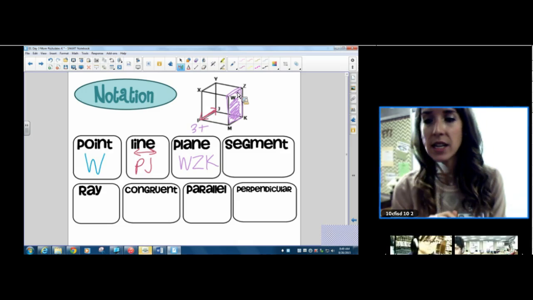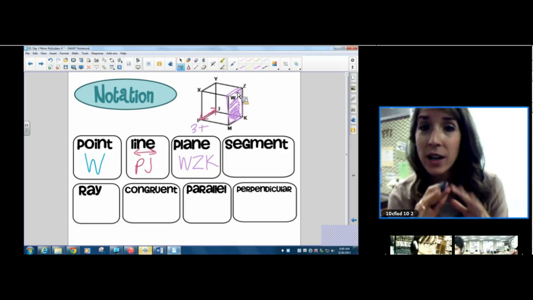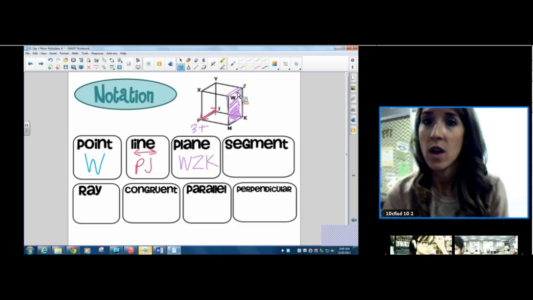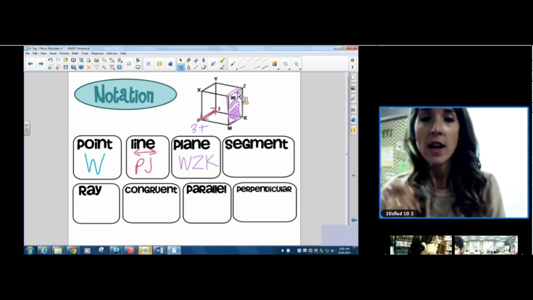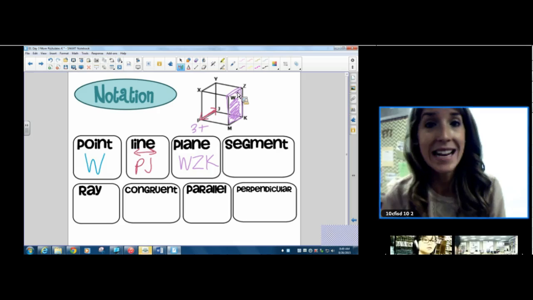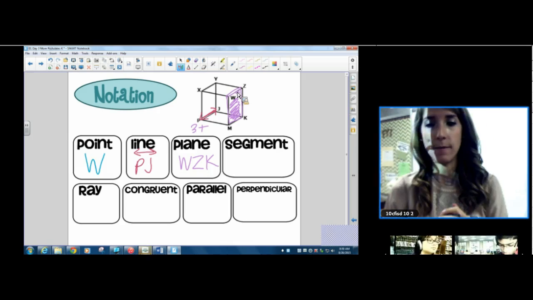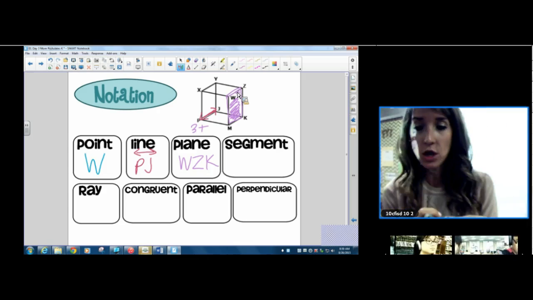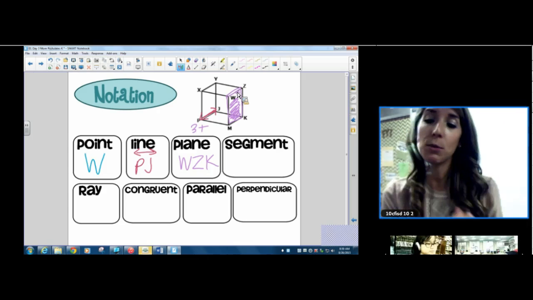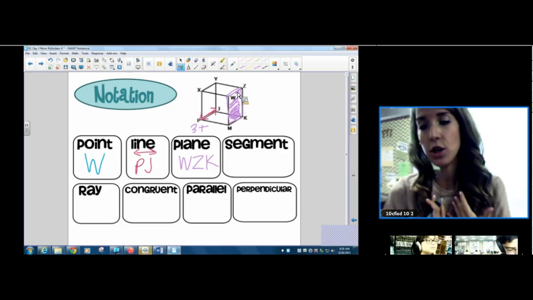So I named it WZK. Did I put a line over it? No. Planes do not have lines over it. Did I put a comma between each letter? No. You just put 3 capital letters squished together. Yes, you can use 4 letters. Because you can use 3 or more letters, I chose to use 3.